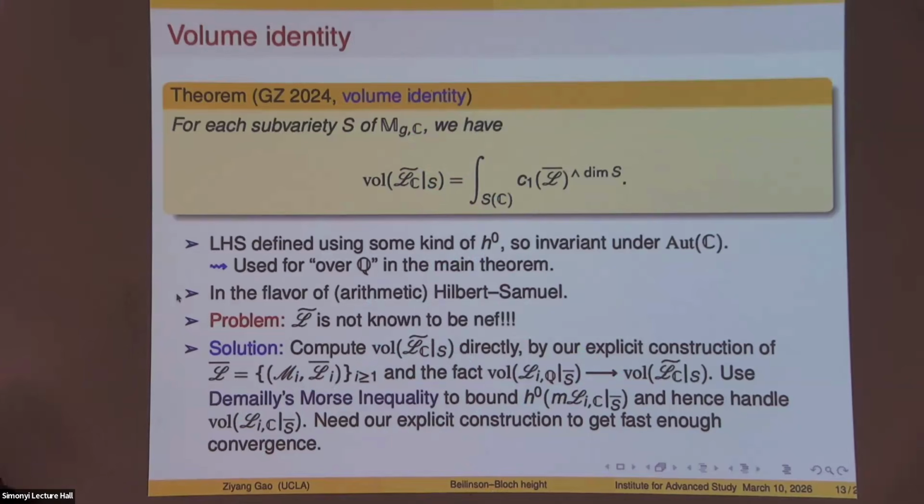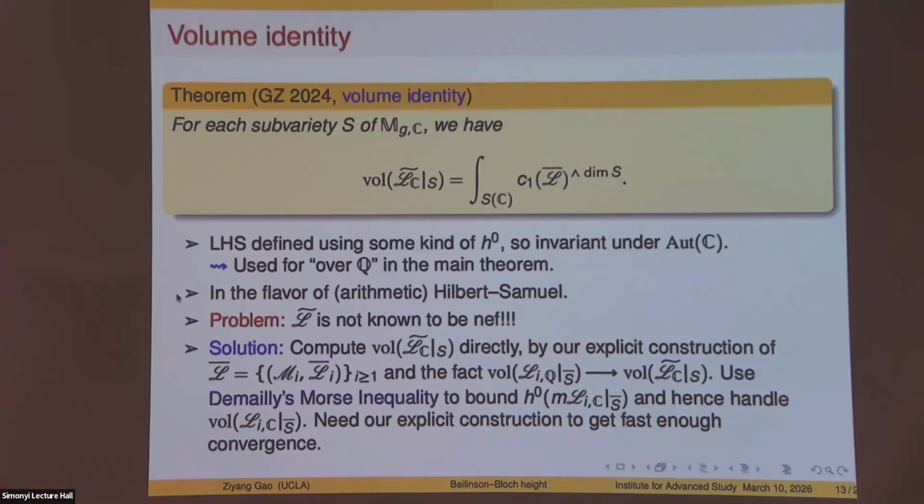We do have this approximation, and the volume will also converge to that. And we use the Morse inequality to bound the H0, to compute the H0 on even open things, on all the models. And something I'm not going to be precise about is we again need this explicit construction to get fast enough convergence.